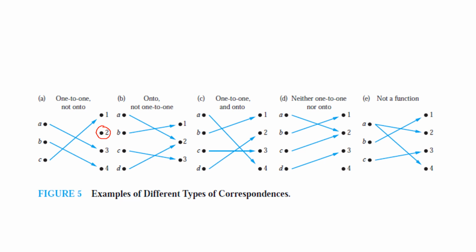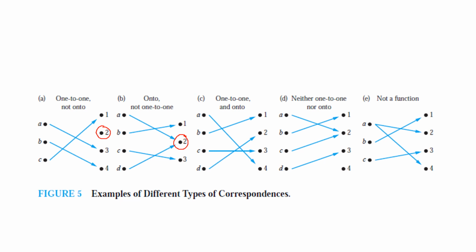This is onto but not one-to-one because there is an element in our codomain that has two corresponding elements in our domain. This is an example of one-to-one and onto because each element in our domain has a corresponding element in our codomain, and no element in our codomain has more than one element in our domain. So this is one-to-one and onto.